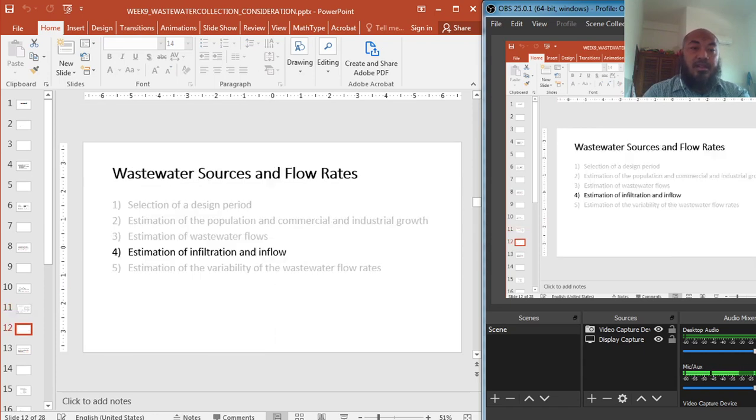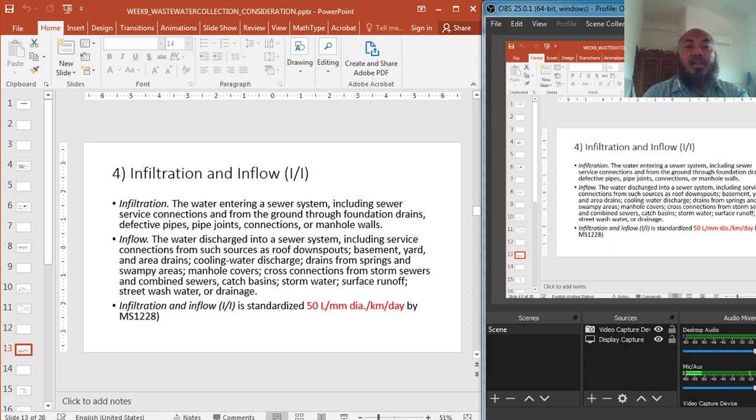After we estimate the wastewater flow, let us see a little bit of detail about the infiltration and inflow, II. Infiltration and inflow are actually different. If you want to go into detail, this is the definition, and the next slide will show how to estimate those parameters in detail.